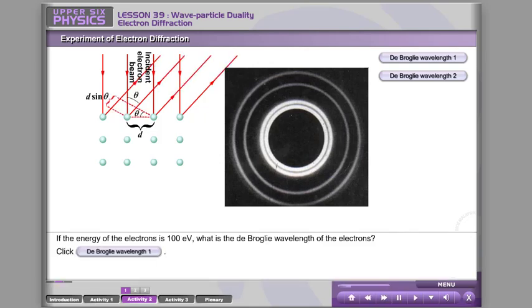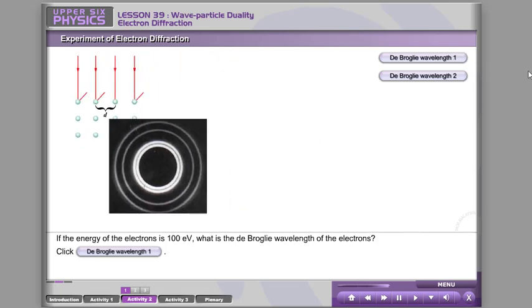If the energy of the electrons is 100 electron volts, what is the de Broglie wavelength of the electrons? Click the de Broglie wavelength 1 button.